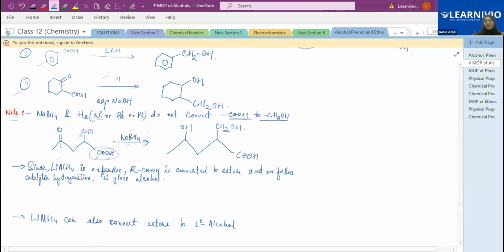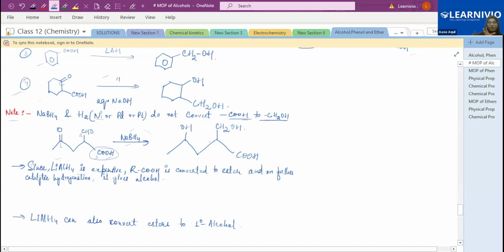Now see what happens. This lithium aluminum hydride is quite expensive, right? So commercially, when we prepare the alcohol, this reducing agent is quite expensive.